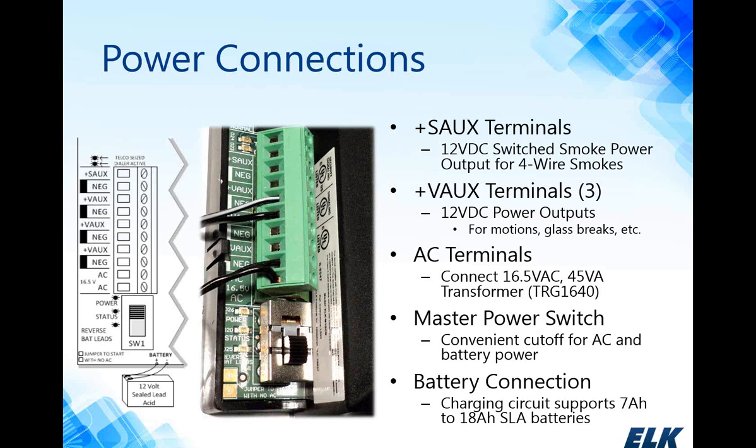You simply move the on-off switch into the off position, and there's no need to disconnect any transformers or remove any battery wires at this point. The battery connections on the M1 will support up to an 18 amp hour sealed lead-acid battery.